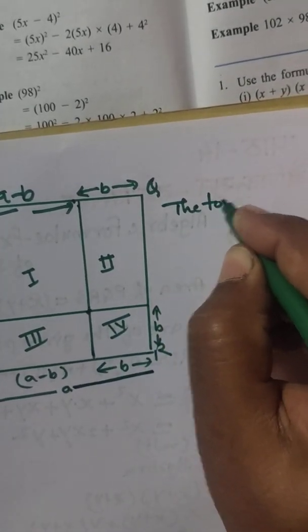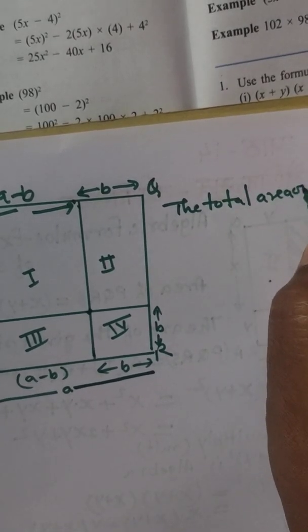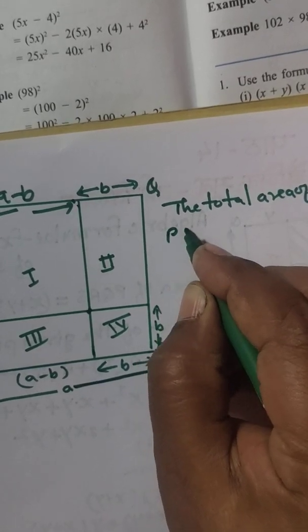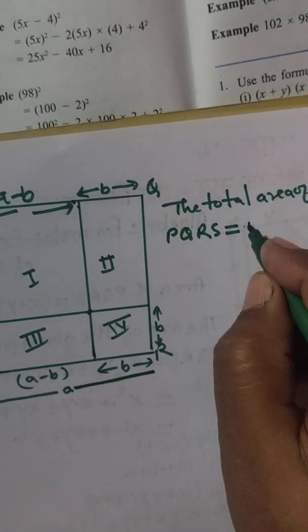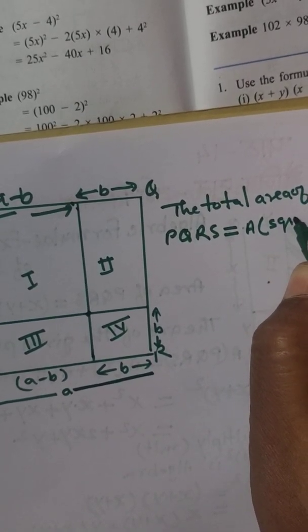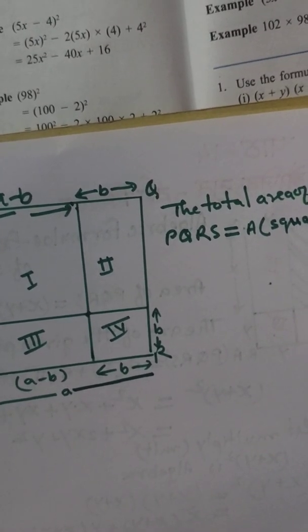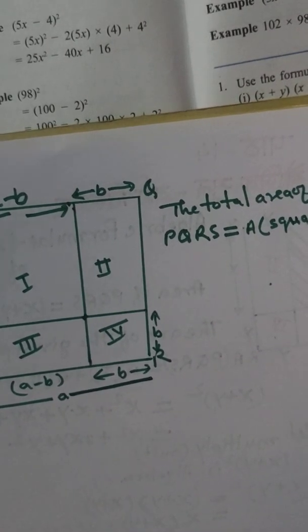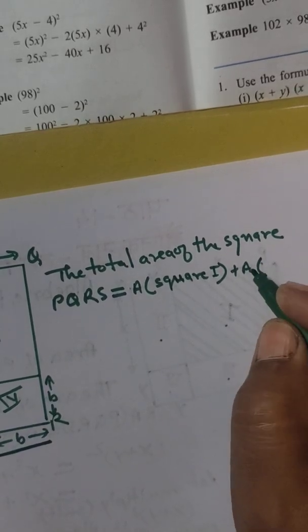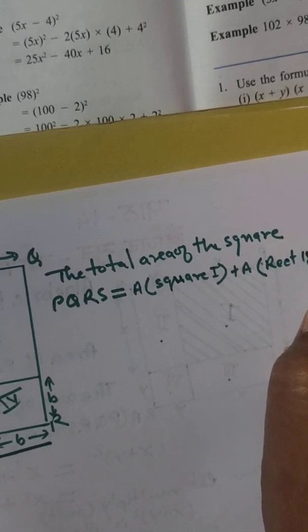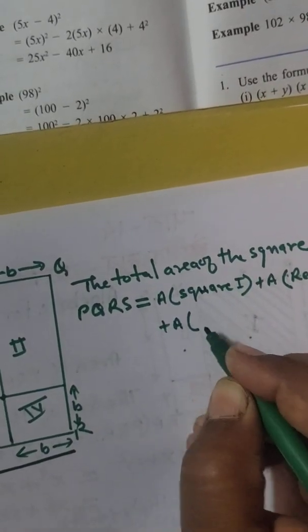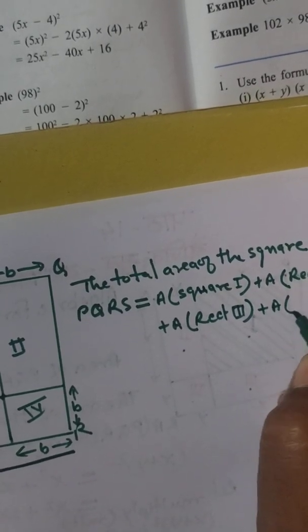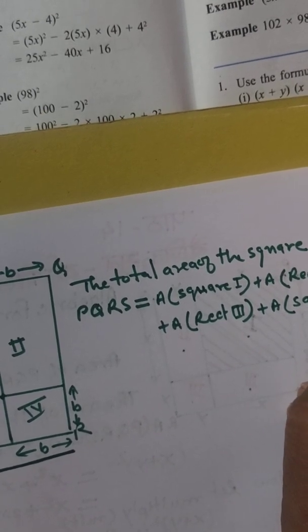The total area of the square PQRS is equal to area of square first plus area of rectangle second plus area of rectangle third plus area of square fourth.